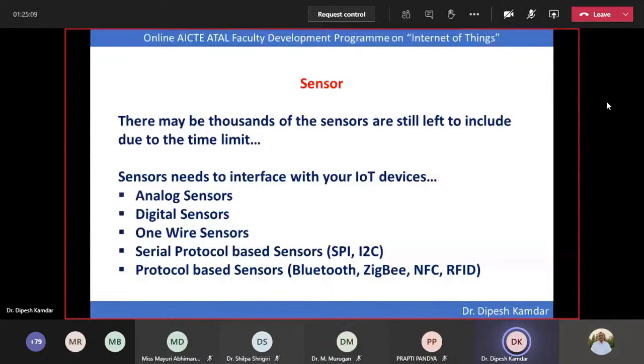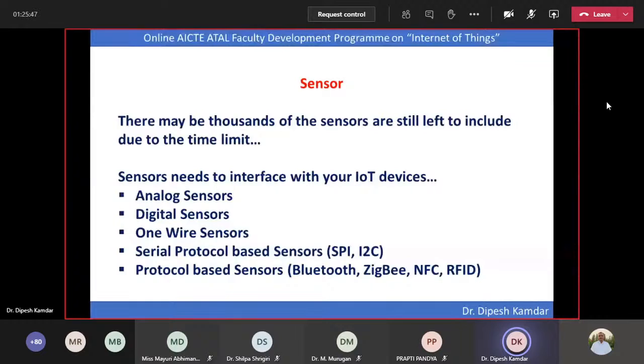Some of the sensors you can set or vary, like the vibration sensor, so that if a vibration is above or below some threshold value, it gives me the digital output yes or no, like a proximity sensor. Once the proximity sensor detects any animate presence in front of it, it gives me the output yes, something is present, or it directly gives me the output that nothing is present.